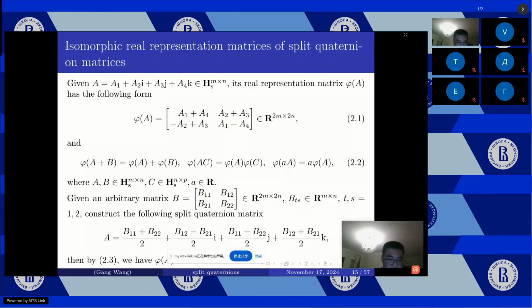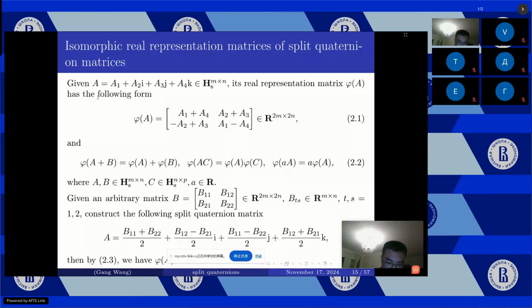Researchers can leverage well-established techniques from real analysis to address problems in split-quaternion algebra, ultimately leading to more efficient algorithms and solutions suitable for practical applications.